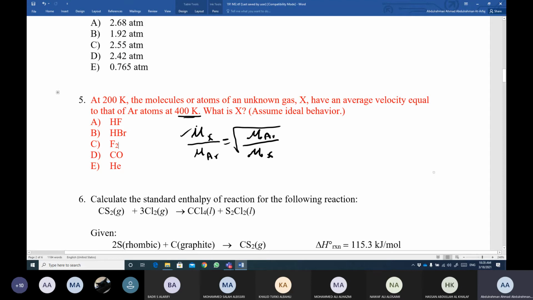We know this one, we know this one. What's the molar mass of X? Sorry, molar mass, not T.